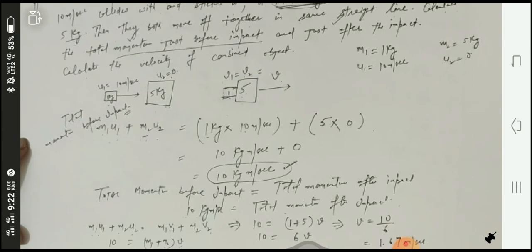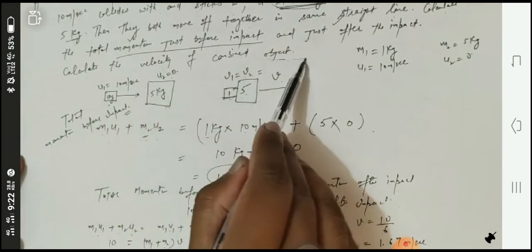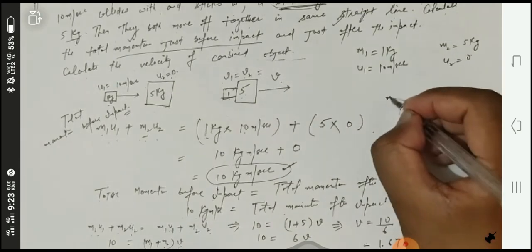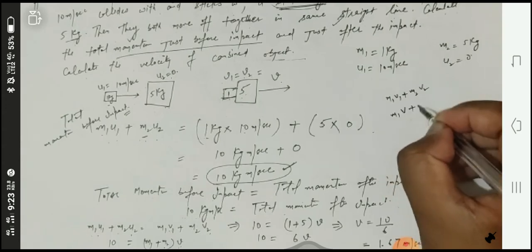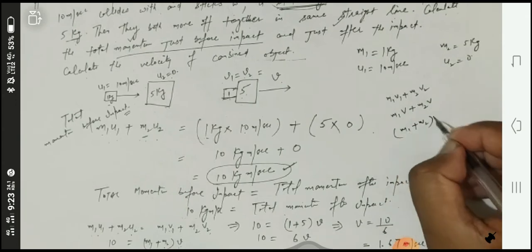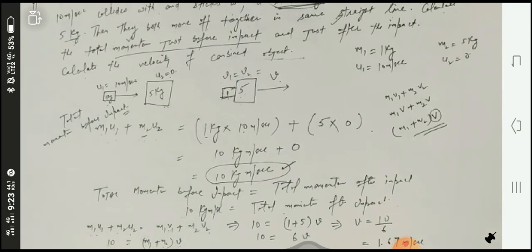Now the last part of this question is calculate the velocity of the combined object. Means when they stick together, they are moving with the same velocity, right? Means m1v1 plus m2v2, their both velocities become v. So m1 plus m2, v is common. So we need to calculate this v. According to the conservation of momentum, m1u1 plus m2u2 is equal to m1v1 plus m2v2, right?